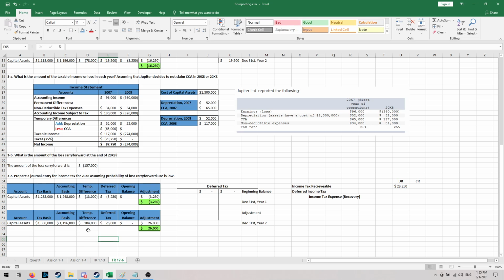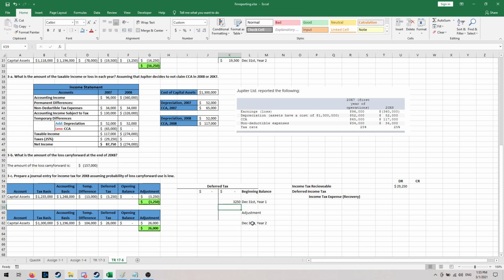We have a temporary difference of $104,000, and this creates an asset. This is taxes we paid that now we don't have to pay anymore. So in the future, this $26,000 is essentially a prepayment of tax. So if you want to look at this from the perspective of the deferred tax account, on December 31st of year 1, we had the same balance in the deferred tax account, a credit balance of $3,250.